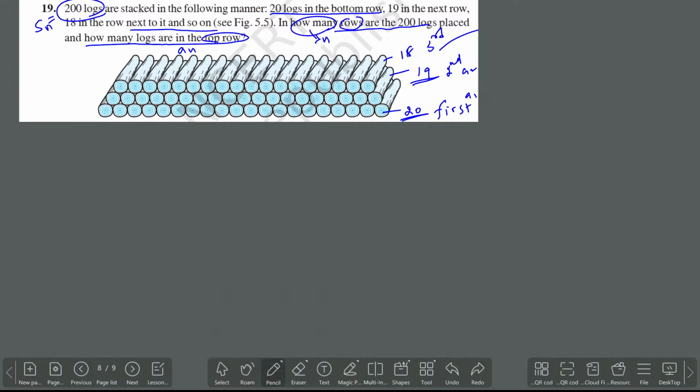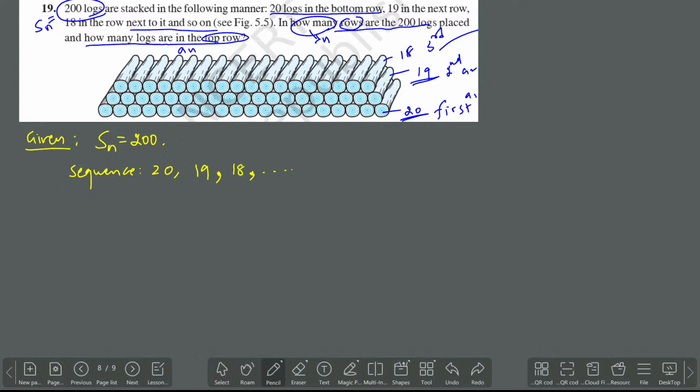So listen. They said in the given there are 200 logs, so we have Sn value as 200. What is the sequence they are telling? 20 in the bottom, 19 in the second and 18 in the next.